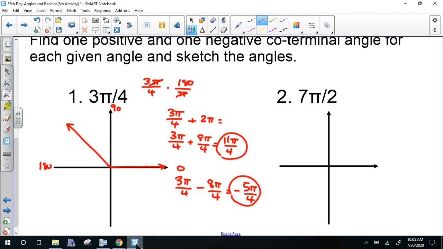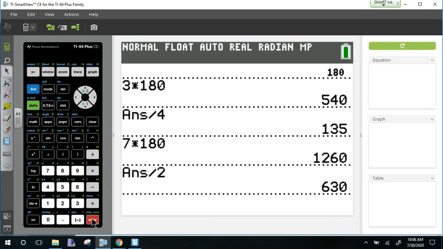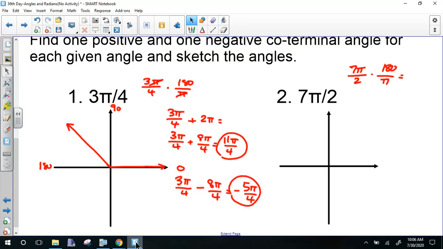Number 2, 7 pi over 2. If I want to convert that to degrees, I'm going to do 7 times 180 divided by 2. 7 times 180 divided by 2 gives me 630 degrees.